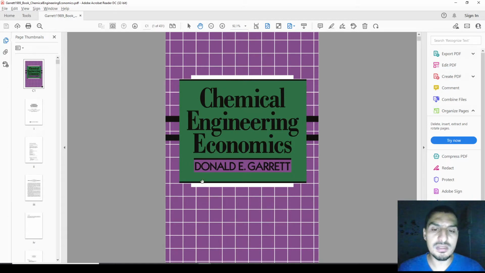For instance, I'm using the Donald Garrett textbook. There are other textbooks like Peters and Timmerhaus, Plant Design and Economics for Chemical Engineers, and Coulson volume 6. I think there will be some similar things there.